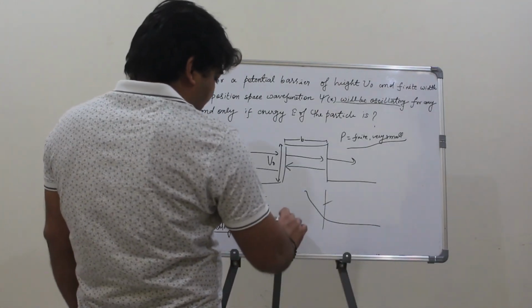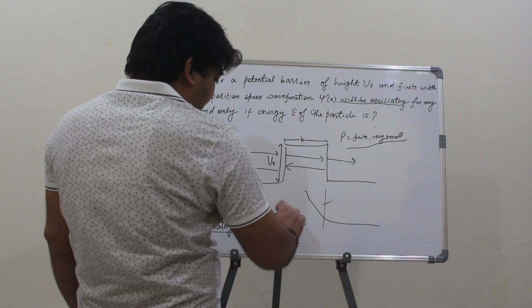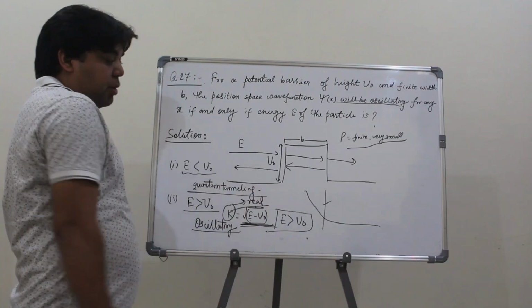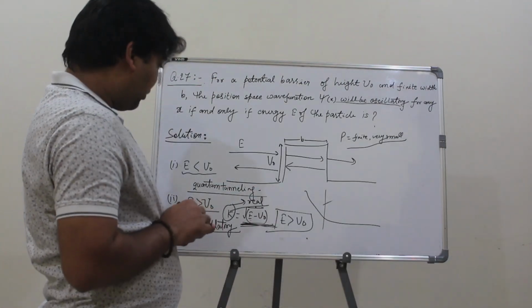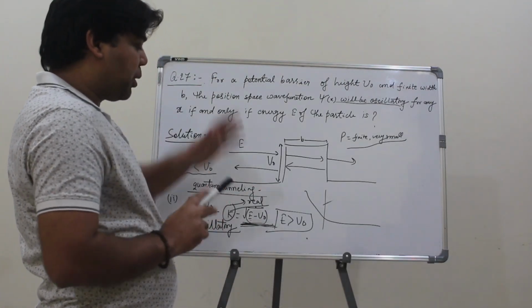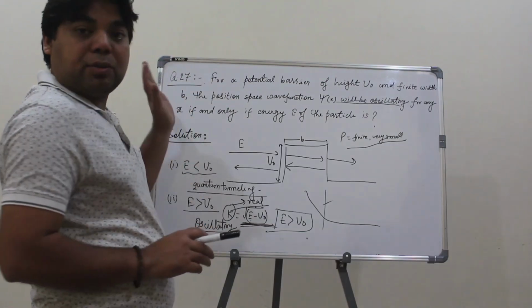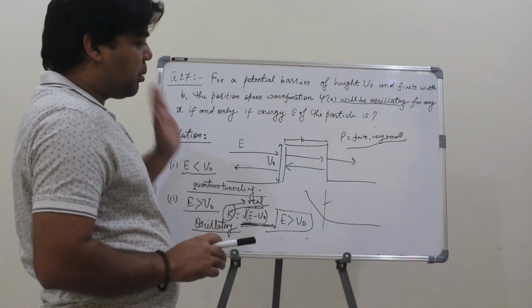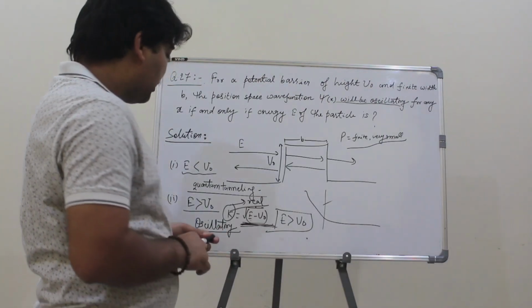So this is the relation: E must be greater than U naught, right? So this you will remember. These are some of the important results of barrier potential which you should remember. It can be asked in any other exam, right?